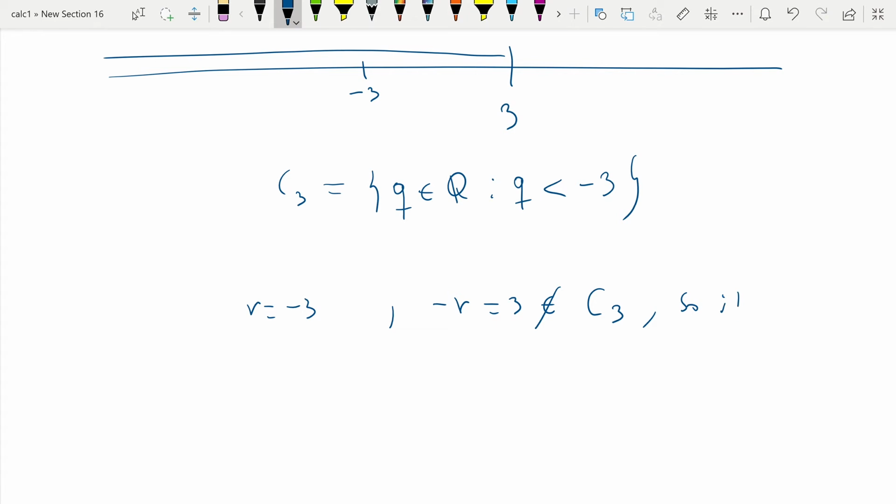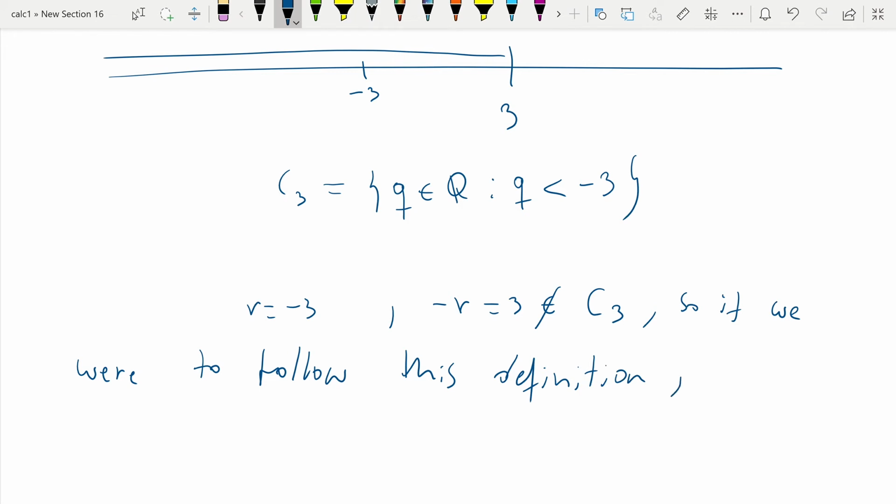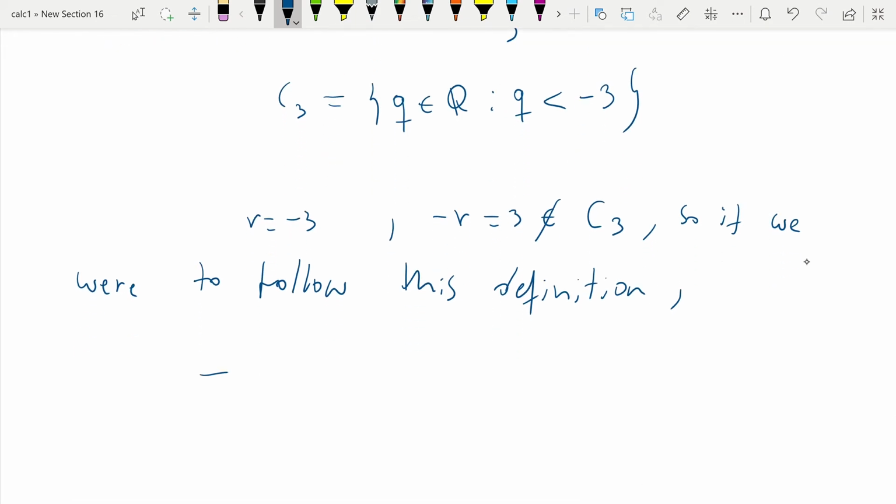So if we were to follow this definition, minus C3 would be the set of rational numbers such that q is less than or equal to 3.